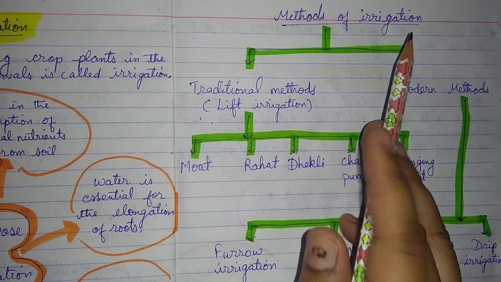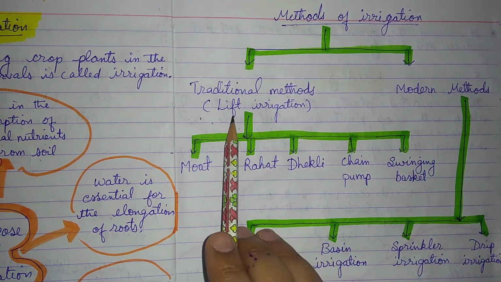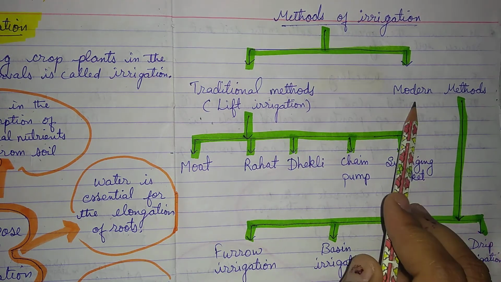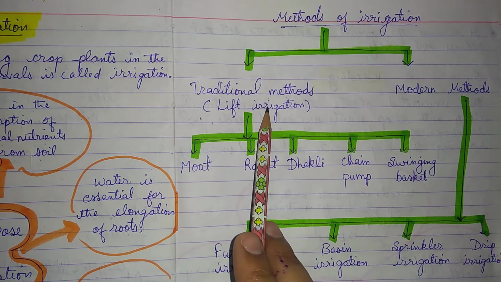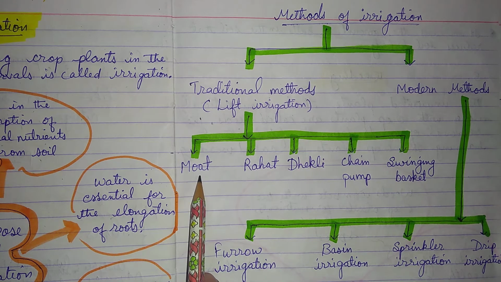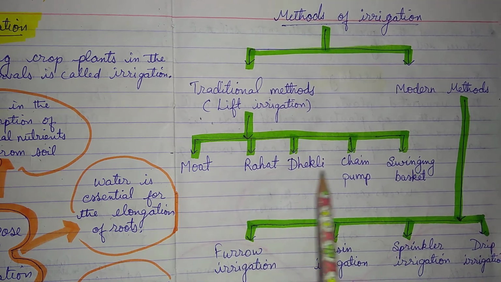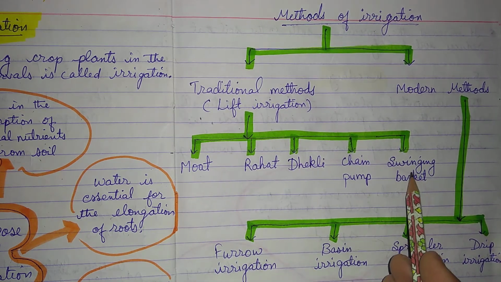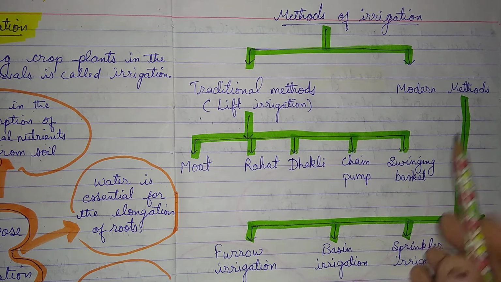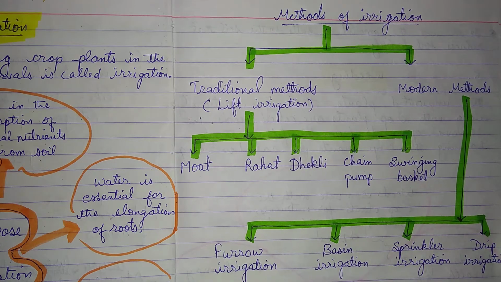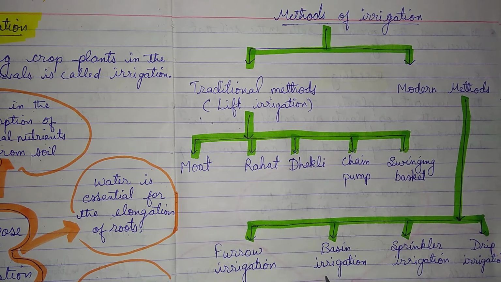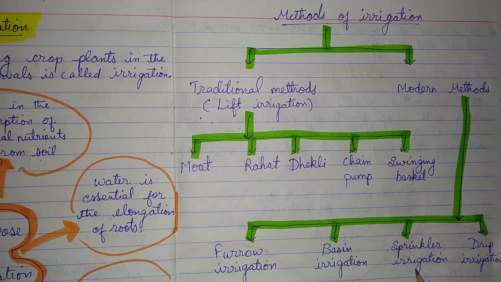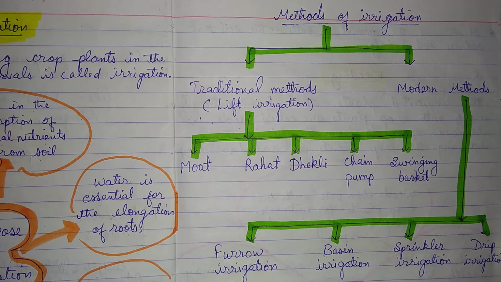There are two types of method. Traditional method or lift irrigation, and modern method. Traditional methods are of 5 types: moat, rahat, dekli, chain pump, swinging basket. Modern methods: furrow irrigation, basin irrigation, sprinkler irrigation, drip irrigation.